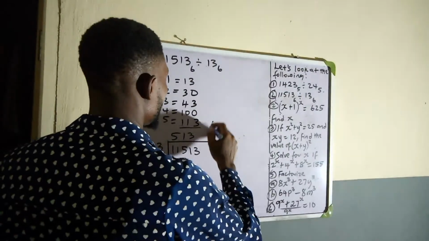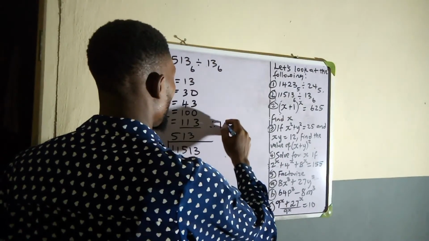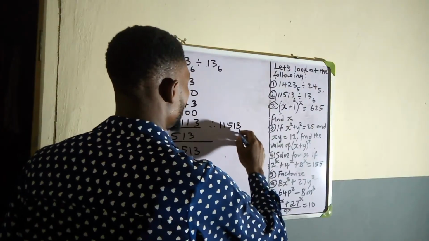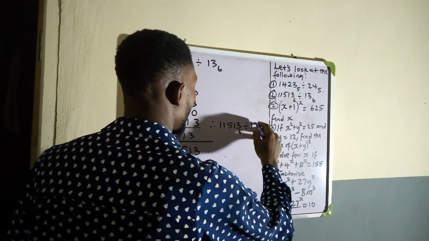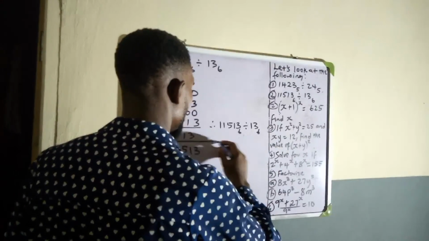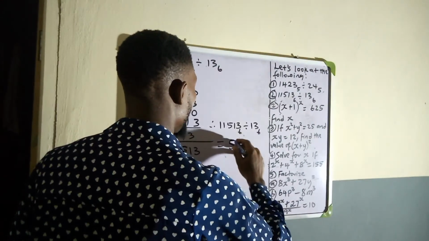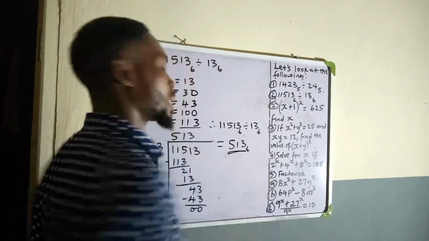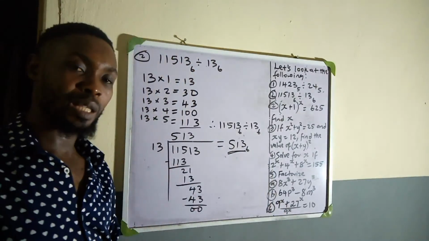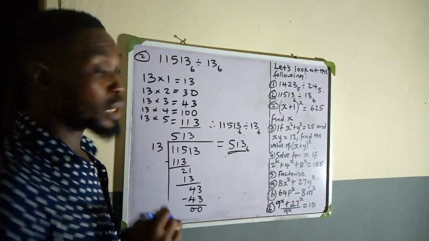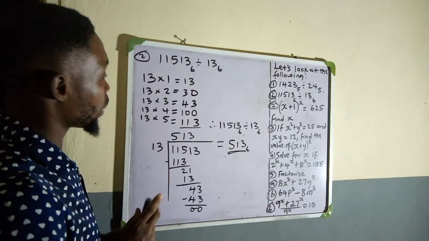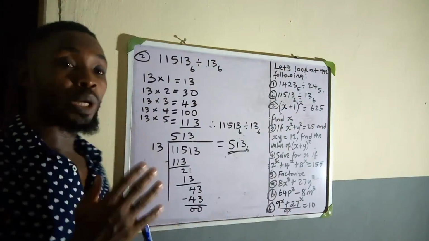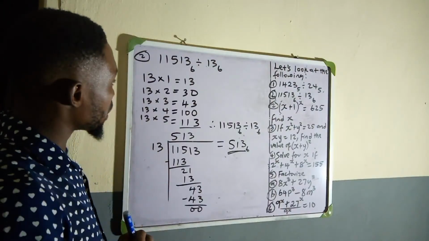Therefore, if you divide 11513 in base 6 by 13 in base 6, you are going to have 513, also in base 6. Interesting, right? Okay, let me believe you also have a little confusion here that you need clarification on. Do well to ask your question.